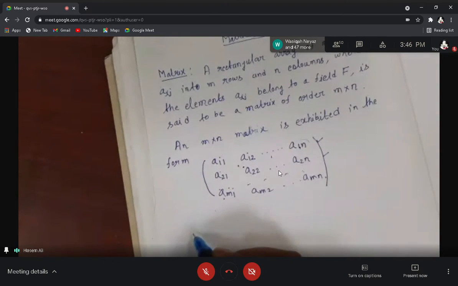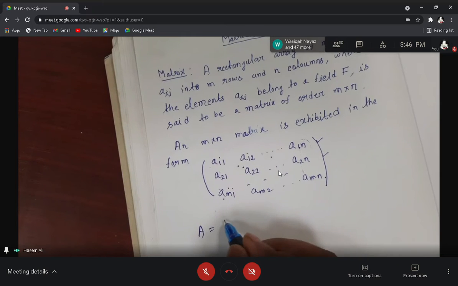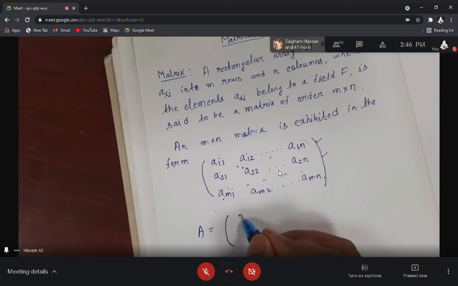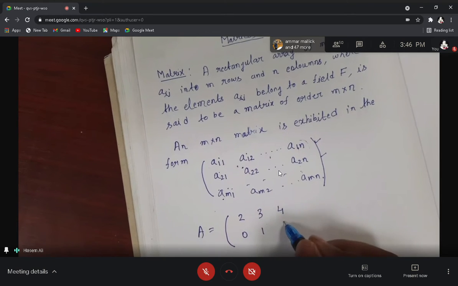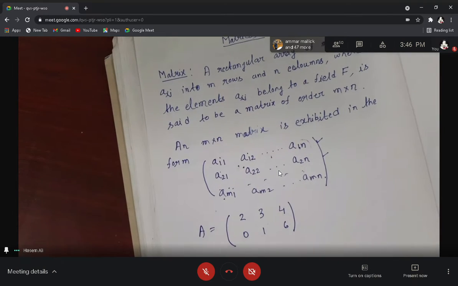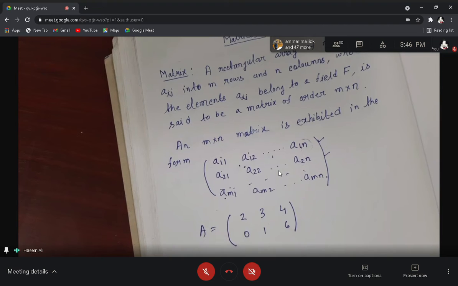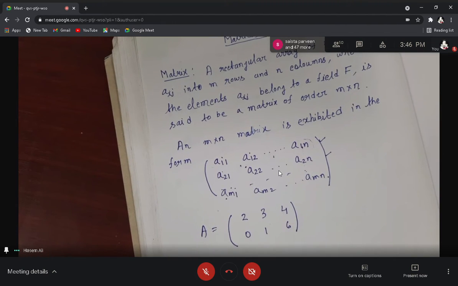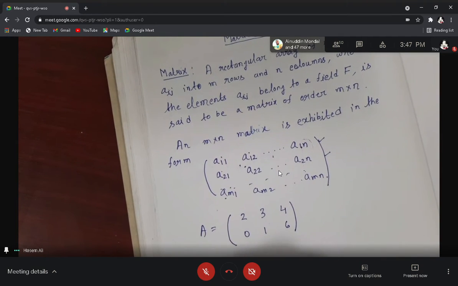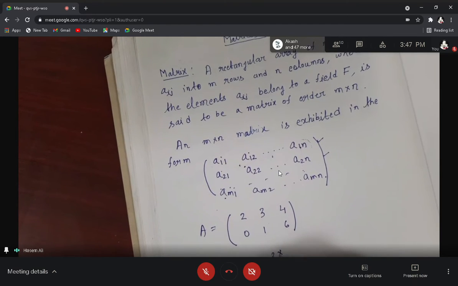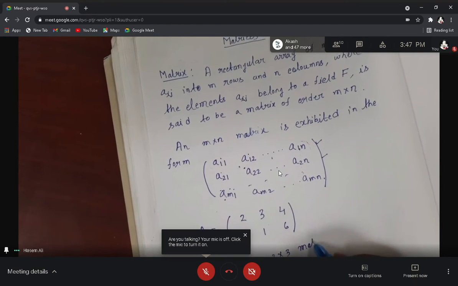Just let a 2 by 3 matrix. Let A equal 2, 3, 4, 0, 1, 6. So here A is a 2 by 3 matrix.